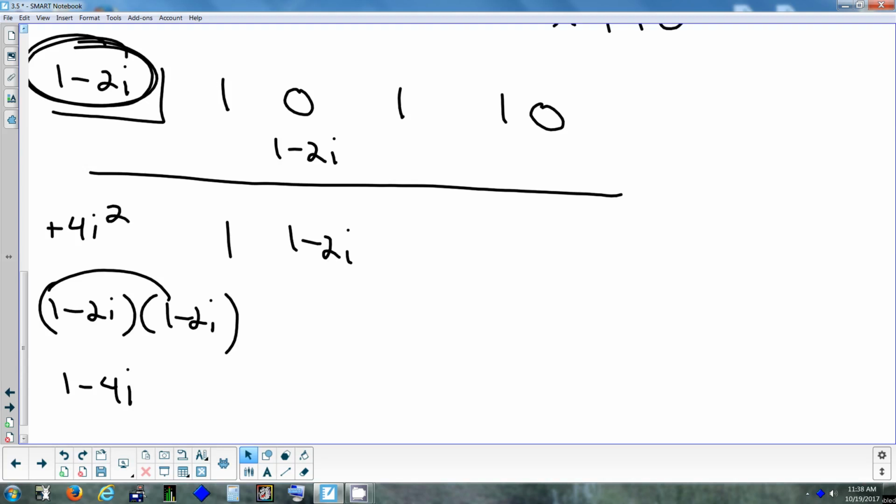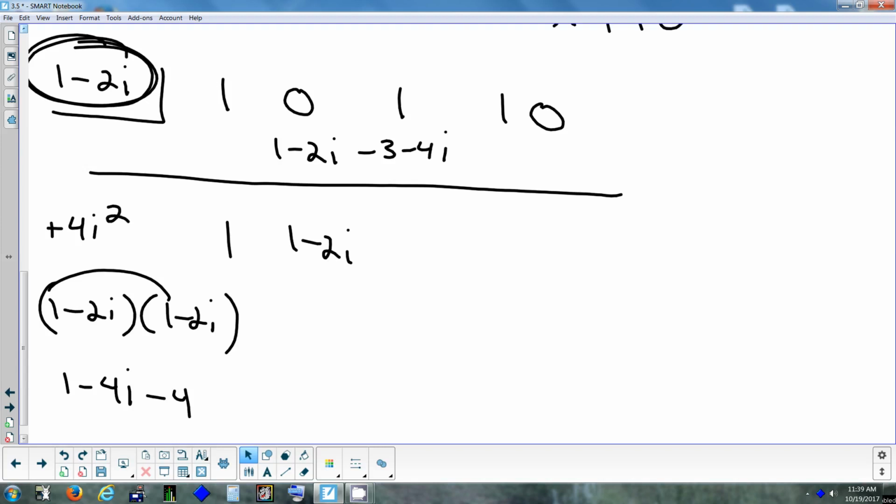But what's i squared? It's negative 1 times 4, which is really minus 4. If you don't want to do that, you want to write out every single step, that's fine. I'm just trying to save a little writing. And then 1 minus 4 gives me negative 3 minus 4i. So that's probably going to be the worst calculation we have to do in this whole thing.